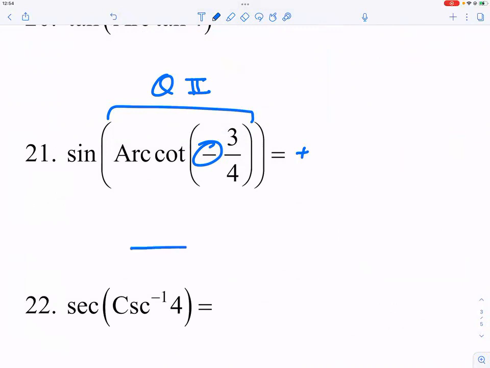Since it is 3/4, it's not anything nice, so you would actually draw a triangle. Cotangent is adjacent over opposite. So 3/4. Okay, 3, 4, and there should be a number screaming in your head: 5. A 3, 4, 5 triangle. And sine of this angle theta is going to be 4/5. Okay.